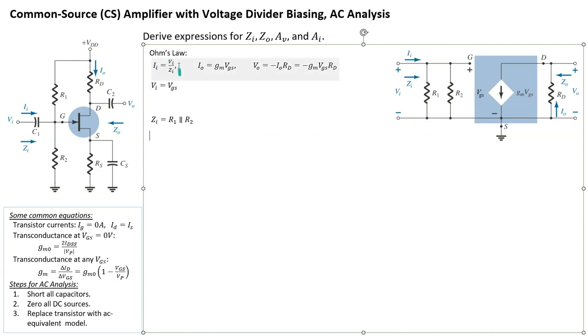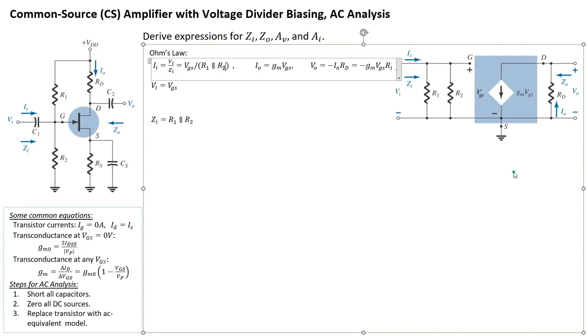So II is VGS divided by ZI, which is R1 parallel R2.